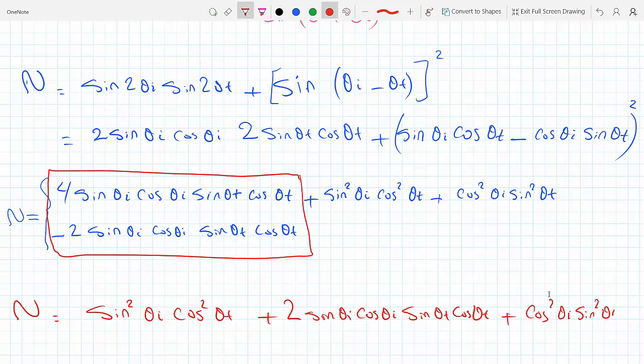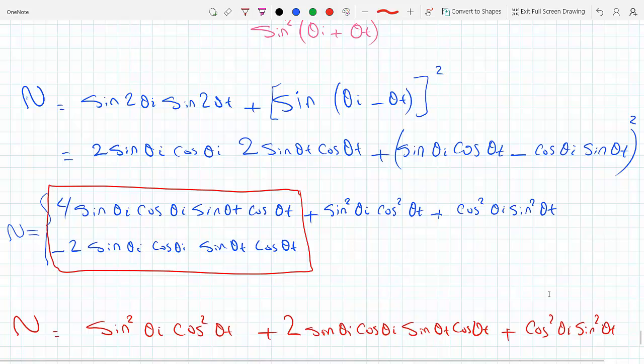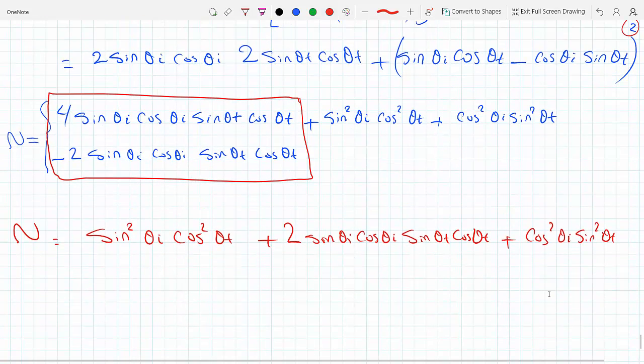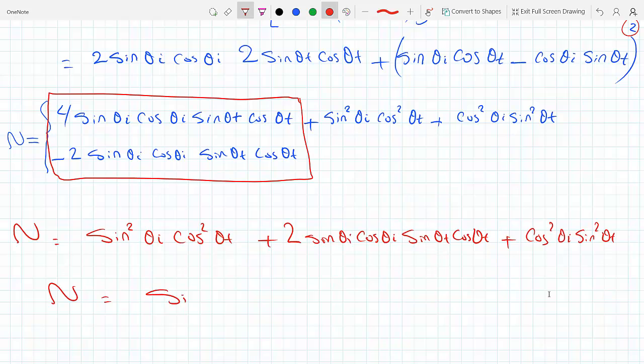And notice that I can factor this back to the same exact factoring it had here, except a plus instead of a minus, because now I have plus 2. So then the numerator turns out to be sine theta I cosine theta t plus cosine theta I sine theta t all squared.